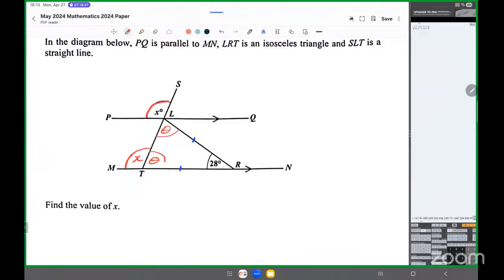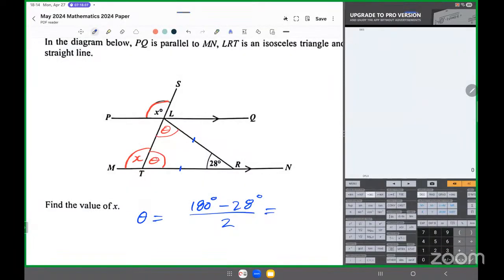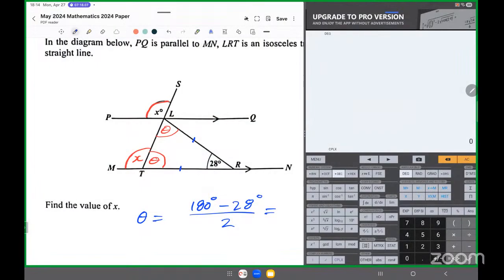We'll call it theta. So in our diagram, theta is going to be 180 degrees minus 28 degrees, divided by 2. We put in those two angles and call them theta. That's a good way to do angles sometimes: you give them a reference. So it's 180 degrees minus 28, over 2. So that is 76 degrees.